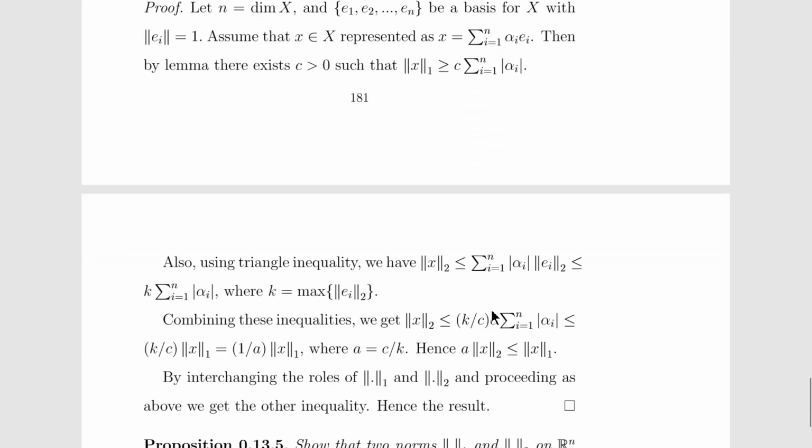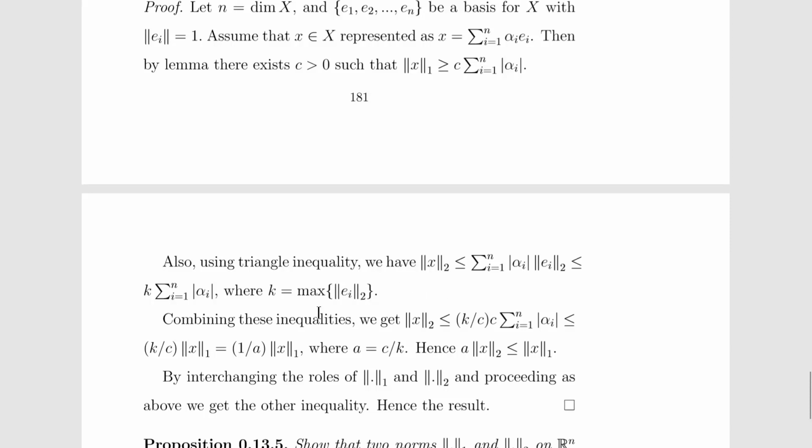Also, by using the triangle inequality, the norm over 2 is less than or equal to the summation for i equal to 1 to n of modulus of alpha i times the norm of ei over the 2 norm, which is less than or equal to k times the summation of modulus of alpha i. Here k is considered as the maximum of the norm of ei.